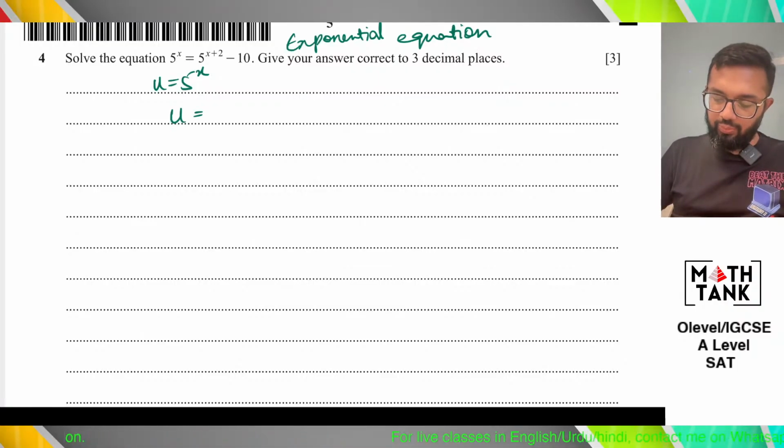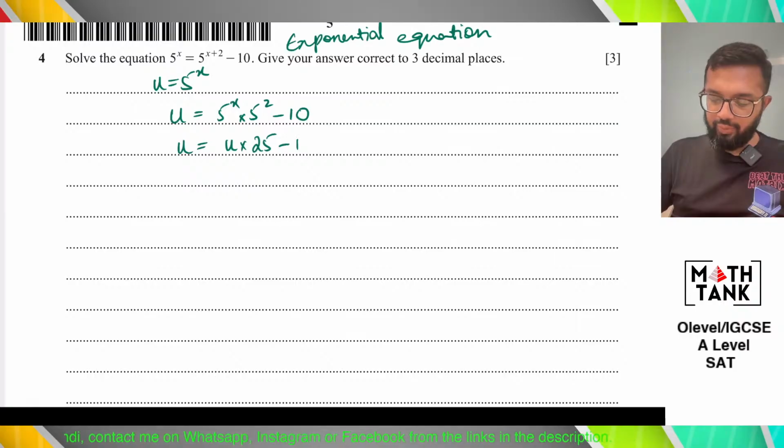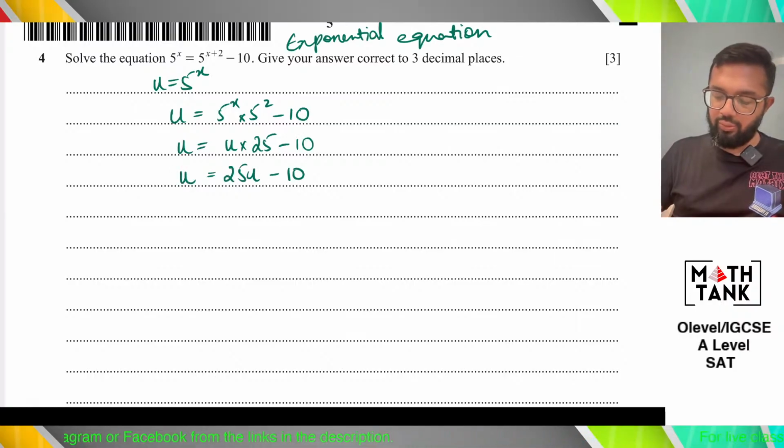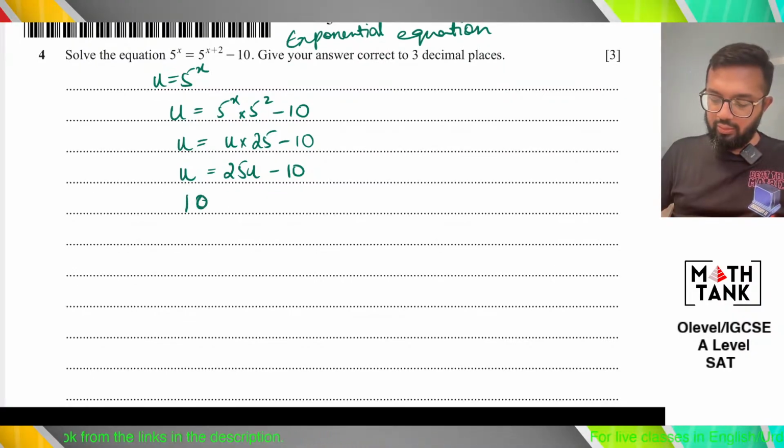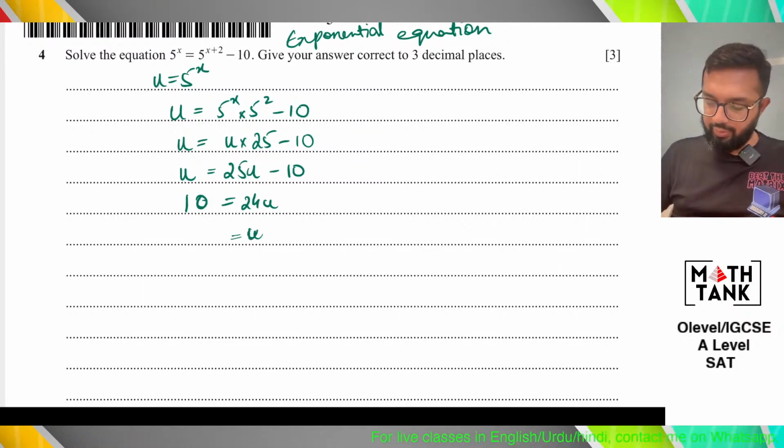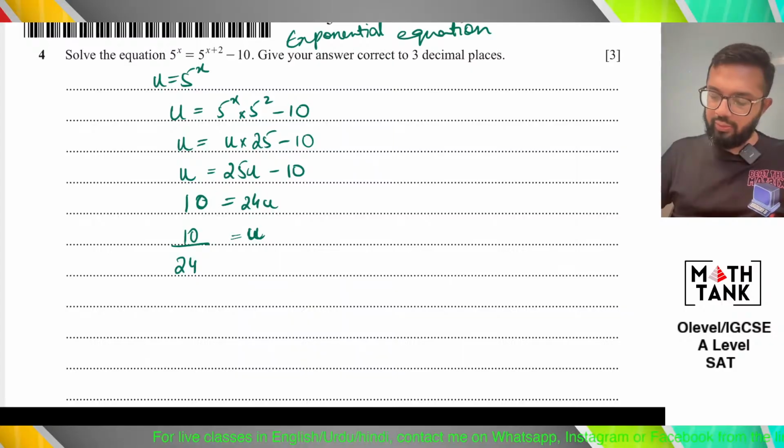Then u times 25 minus 10, so that's 25u minus 10u. 24u equals 10, so u equals 10 over 24. Okay, that's u.